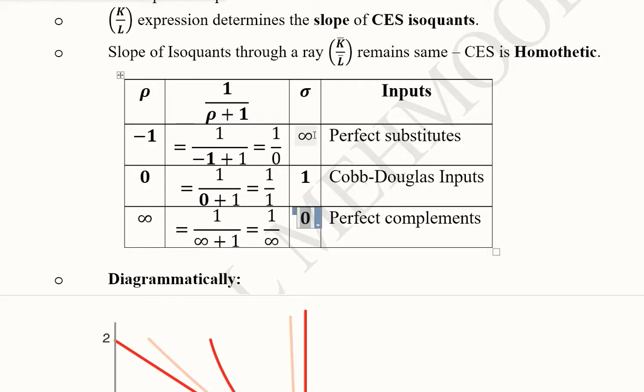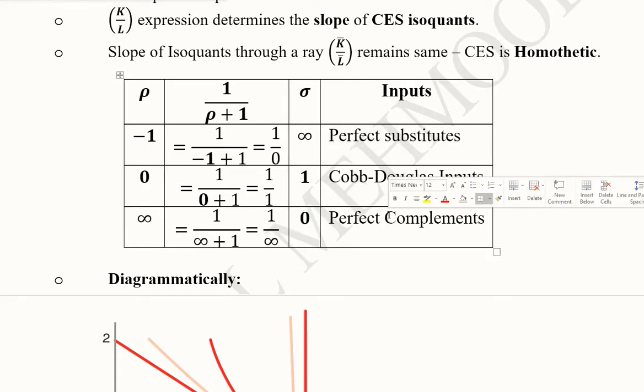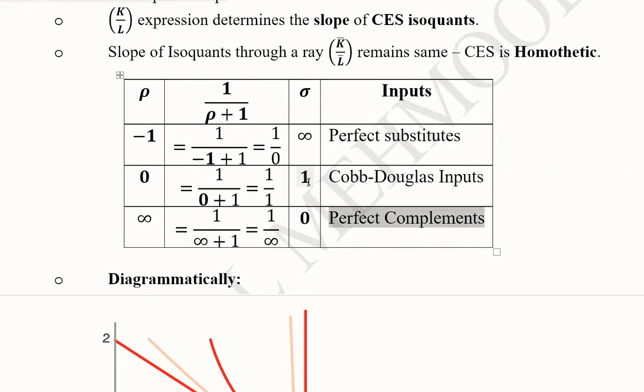So when there is infinity as the elasticity of substitution, it means that substitution is as possible, as maximum as possible, that is they are perfect substitutes. And when the elasticity of substitution is 0, it means that they cannot be substituted and we have perfect complements, that is there is no possibility of substitution. And if it is equal to 1, it is somewhere in the middle, which is known as the Cobb-Douglas case.